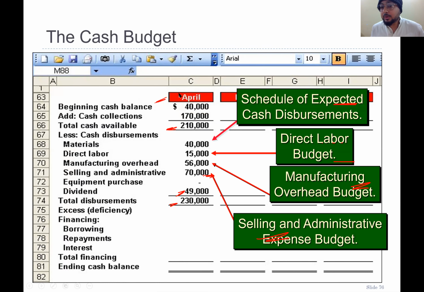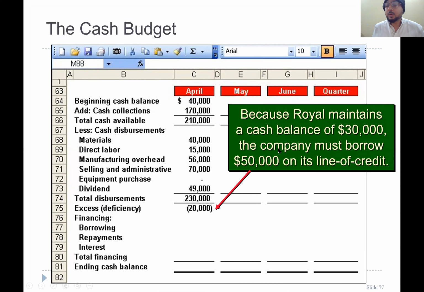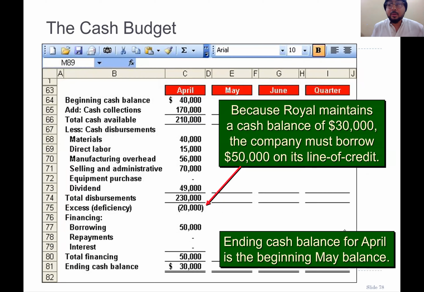How much cash are you short of? 20,000. And remember, you need to maintain a cash balance of 30,000. You are negative 20,000. How much do you need to borrow? 50,000. When you borrow 50,000, the 20,000 deficiency is paid off, plus 30,000, according to your contract, is maintained at the end of the month, right?